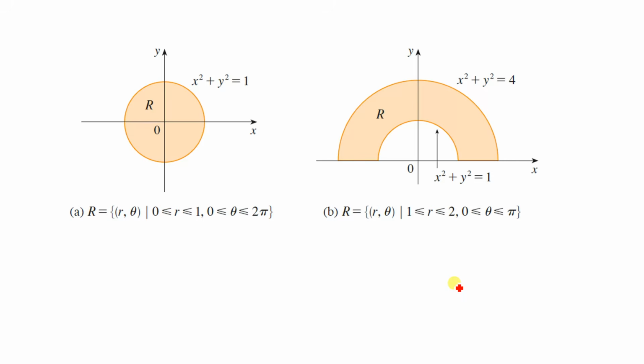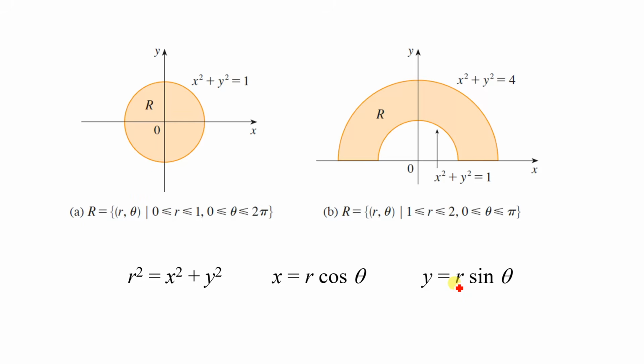You can recall that the polar coordinates (r, theta) of a point are related to the rectangular coordinates (x, y) by the equation r squared equals x squared plus y squared, where x is r cosine theta and y is equal to r sine theta.